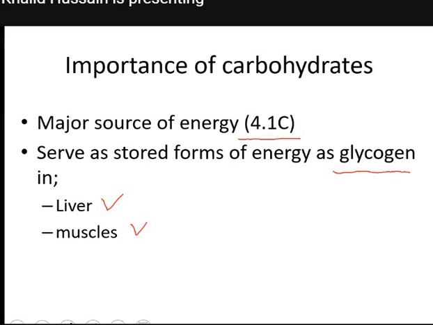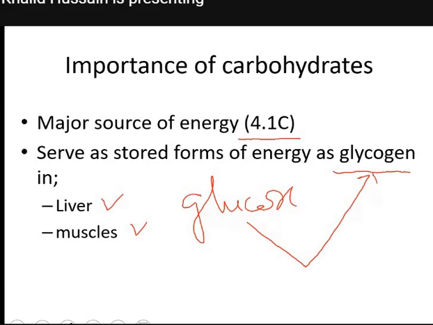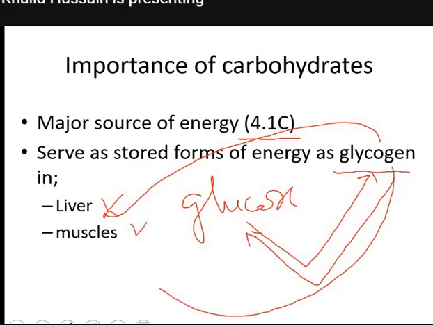For example, glucose is the instant energy. When there is no need of energy, glucose is converted into glycogen, and when there is a need of energy, glycogen is broken down and converted into glucose. Mainly this glycogen is stored in the liver and in the muscles. These are the two parts in the body which reserve carbohydrate in the form of glycogen.